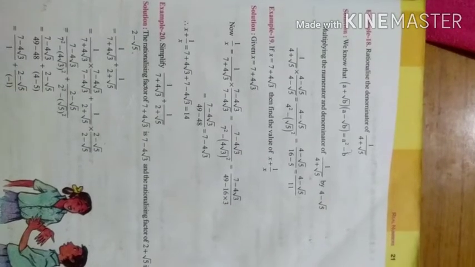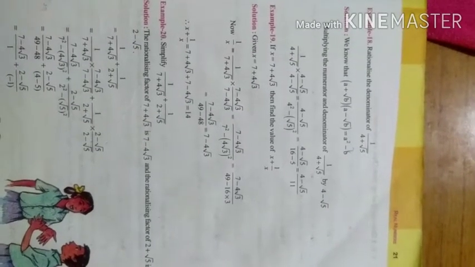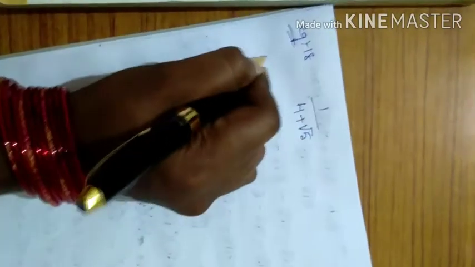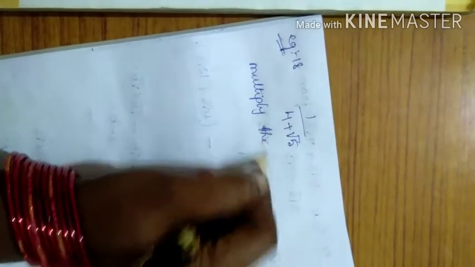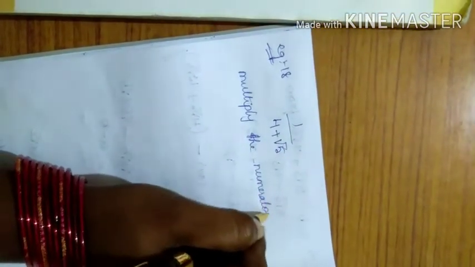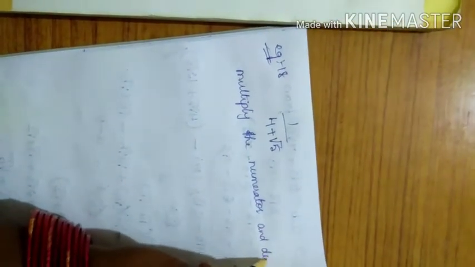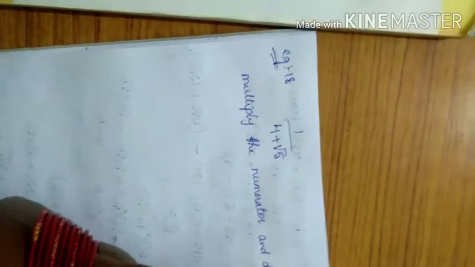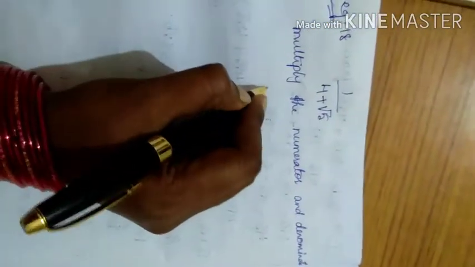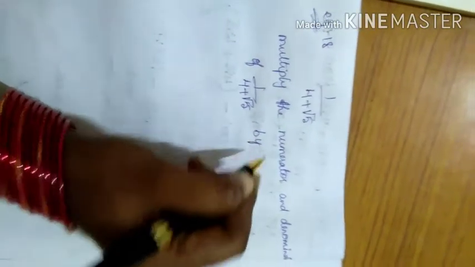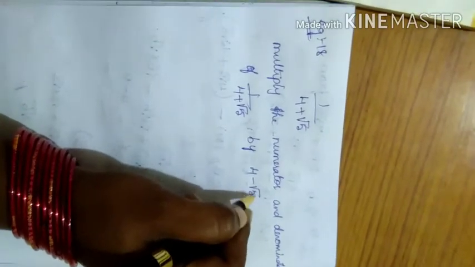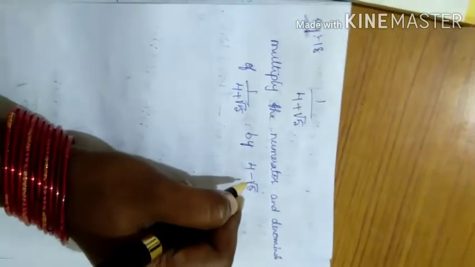First of all, I said already, you have to multiply the numerator and denominator of 1 by 4 plus root 5 by how much? 4 minus root 5. Here the plus sign is there, so you have to rationalize with a minus sign.